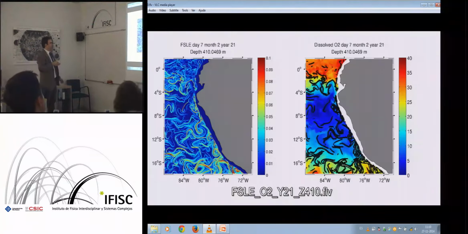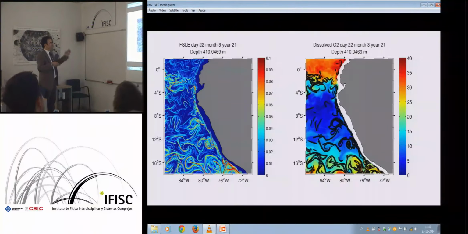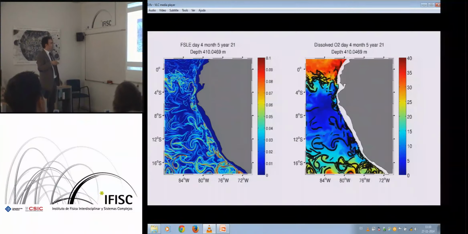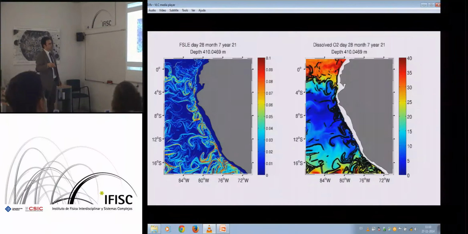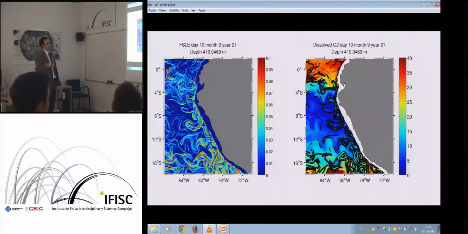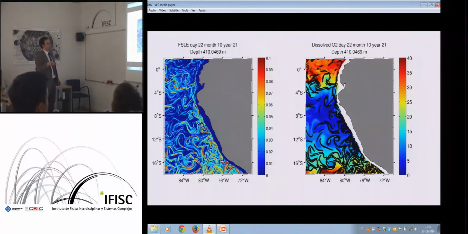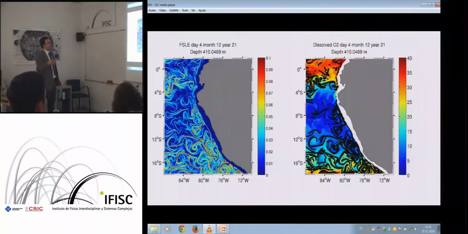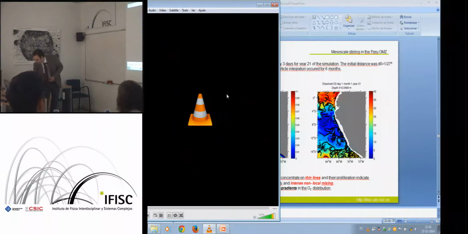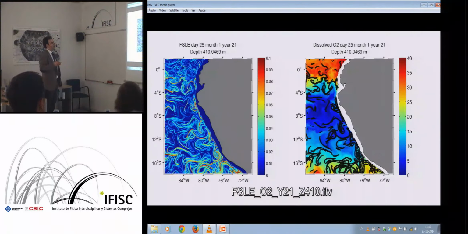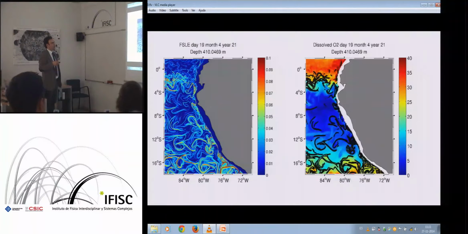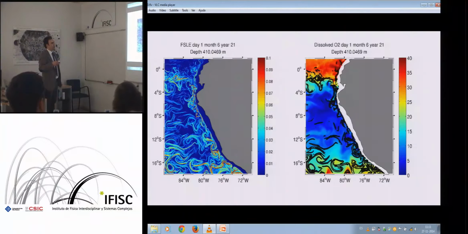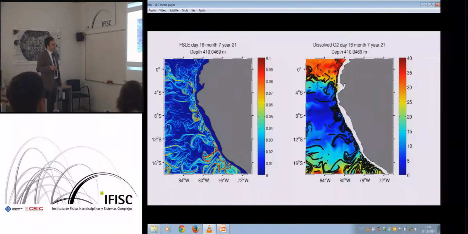To the left, we see the FSLE field, and we see that the FSLE is populating the whole area, but to the right we see the oxygen field superimposed with the highest finite size Lyapunov exponent lines, and we can see that there is a very clear relation between strong spatial variations of the oxygen content and the presence of high FSLE lines, especially here at the north, but also here in the south.